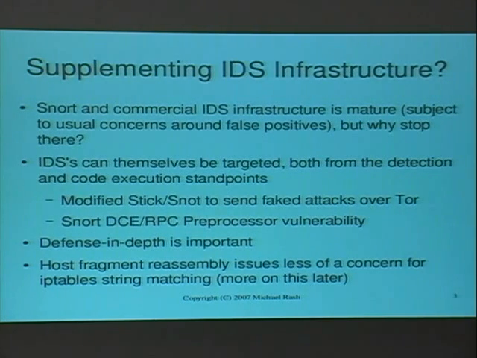But IDSs themselves can be targeted both from the detection standpoint as well as the code execution standpoint. For example, the Snort DCE RPC vulnerability a couple months ago is an interesting example. And you can also think about a modified version of the old stick and snot tools to send faked attacks over the Tor network.